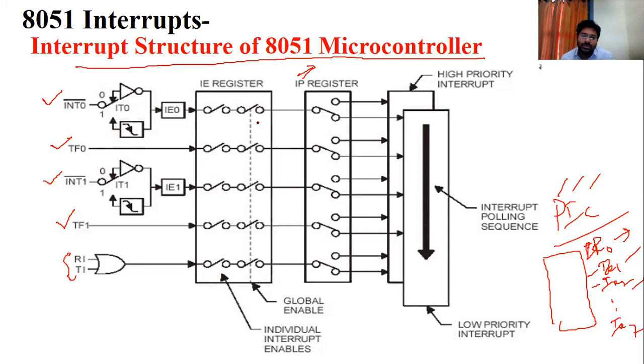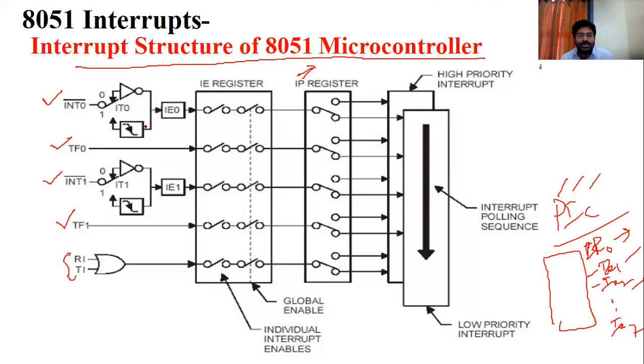The microcontroller is not taking that burden. This will be solved by the interrupt priority register. We are giving five interrupts at a time, and this register will resolve these 5 interrupts, then give them one by one based on the priority.